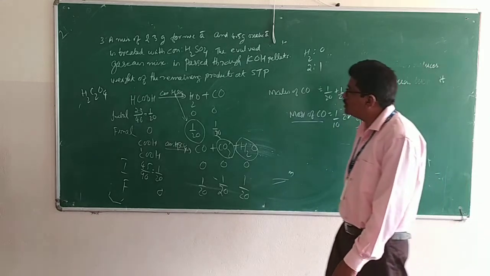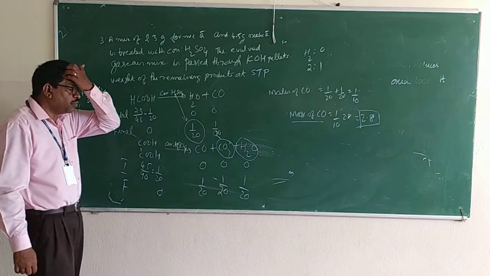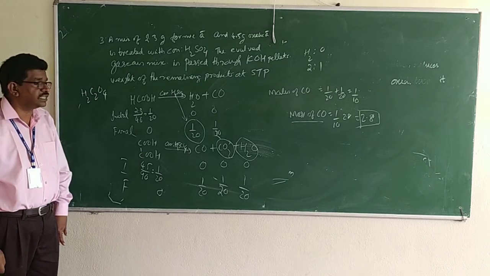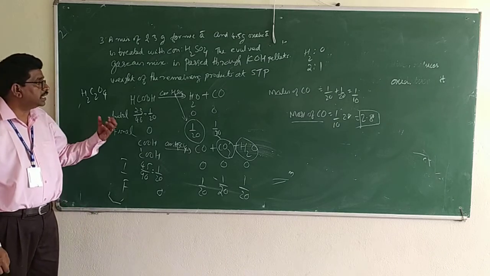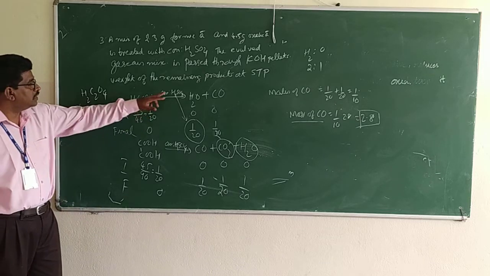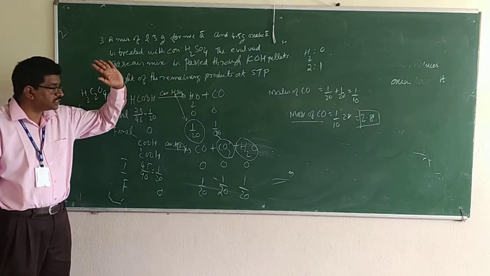So the main concept here is that sulfuric acid can remove water from a compound even if water is not present as such. It can remove hydrogen and oxygen in the ratio 2:1. So from formic acid, the products will be water and carbon monoxide, and that water will be absorbed by concentrated sulfuric acid.